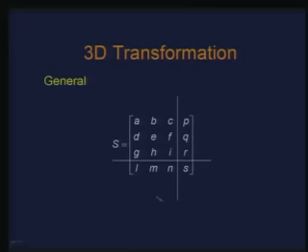So, this part of the matrix where we have the linear transformation and the translation combined gives us an affine transformation.